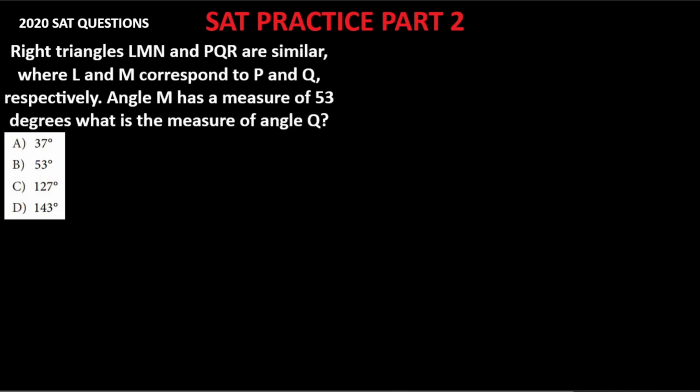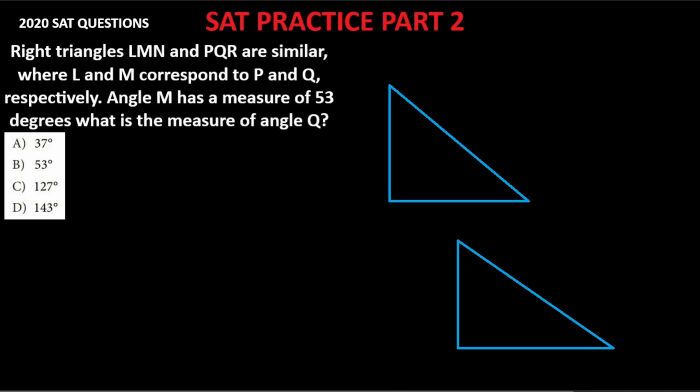Right triangles LMN and PQR are similar, where L and M correspond to P and Q, respectively. Angle M has a measure of 53 degrees. What's the measure of angle Q? We start by drawing a diagram, and we label the angles.